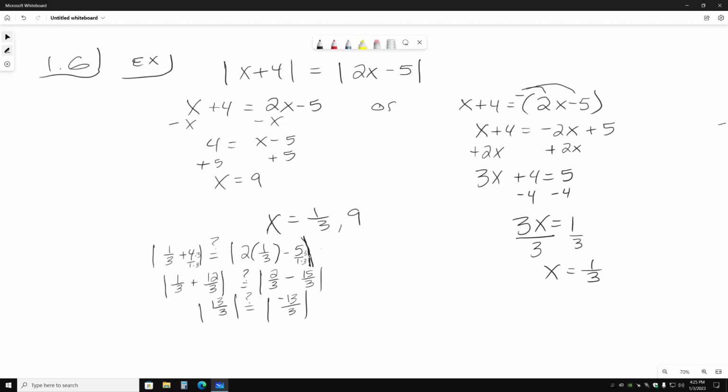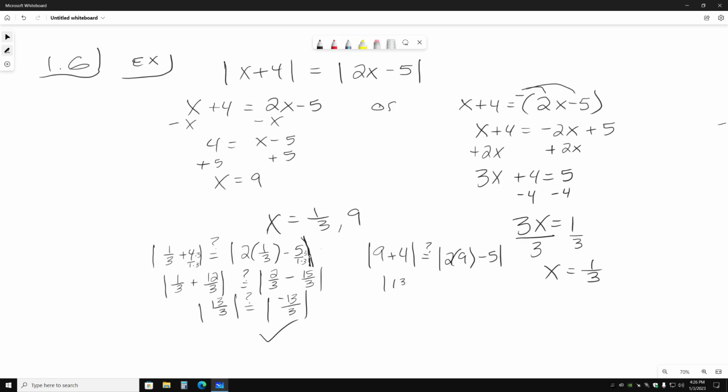And yes, these are equal. The absolute value of a positive is equal to the absolute value of its negative if they're the same value otherwise. So this checks out. We can quickly do the same thing for 9. The absolute value of 9 plus 4, we check if that's equal to the absolute value of 2 times 9 minus 5.